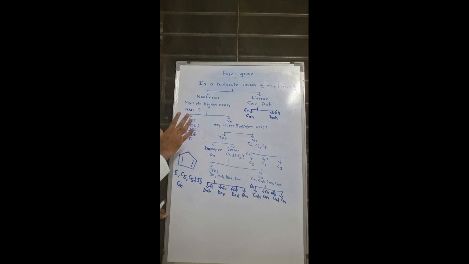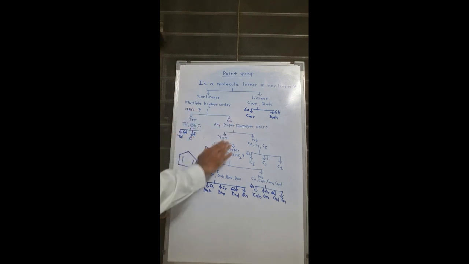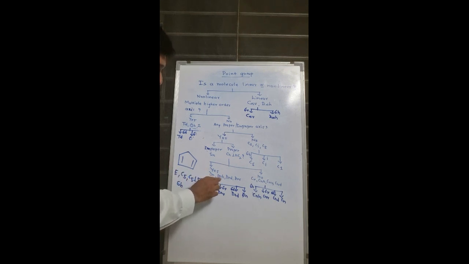Multiple order axes are also absent because this molecule consists of only 2 C5, that is C5 plus and C5 minus. Proper axis, yes, this molecule consists of a proper axis, and in this case C5 is perpendicular to 5 C2s, which means we have to go for the D option: D5, D5H, D5D or D5V. But here sigma H is present, which means the point group is D5H.